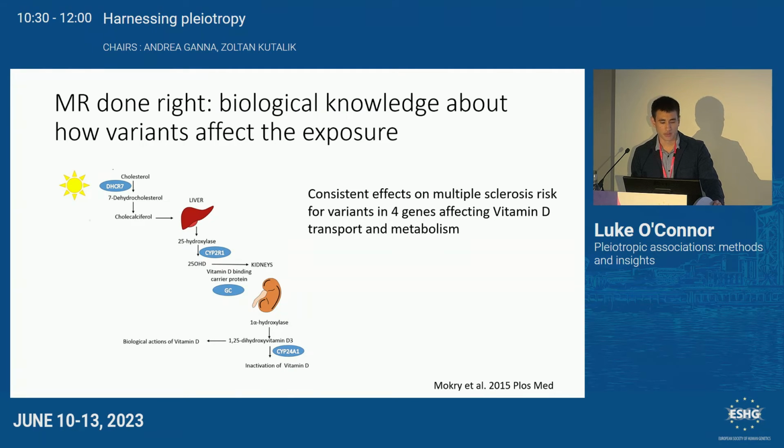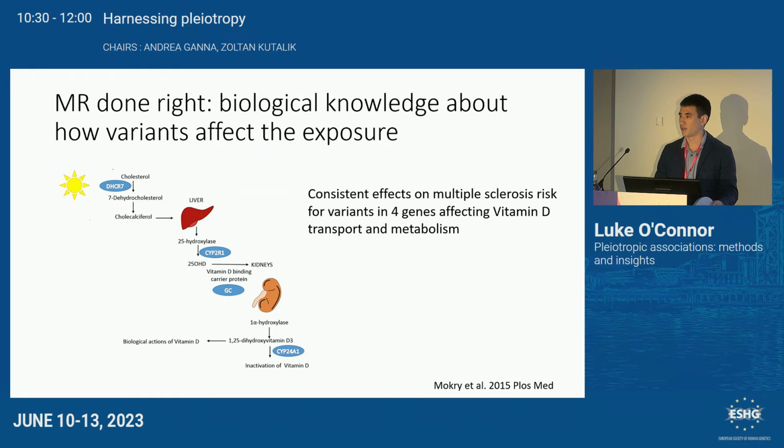Another example that I quite like is this study of vitamin D levels in multiple sclerosis. The motivation here was that it's well known that individuals from higher latitudes are more likely to develop MS because, presumably, at least the theory is that they get less sunlight, they have less vitamin D, and that causes increased risk of MS. And this study looked at 4 genetic variants in these 4 genes that are known to be involved in vitamin D production and synthesis and transport.